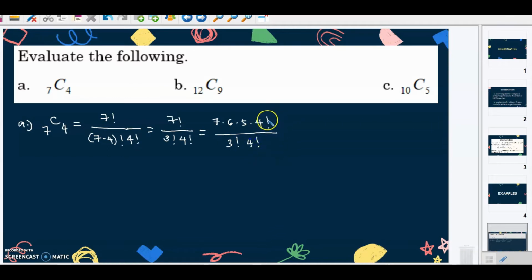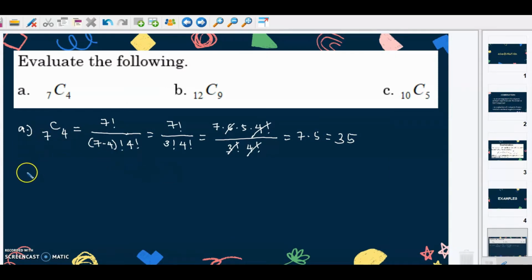And here, we can cancel 4 factorial on the numerator and 4 factorial on the denominator. We can also cancel 3 factorial and 6 since 3 factorial is just equal to 6. Therefore, we will be left with 7 times 5, which will give us the answer of 35.